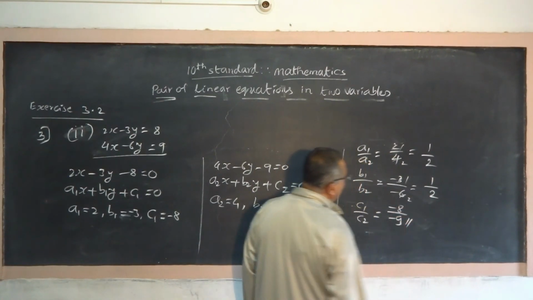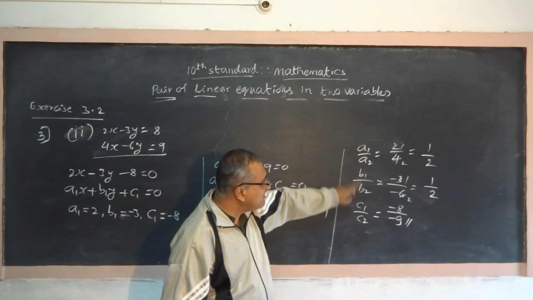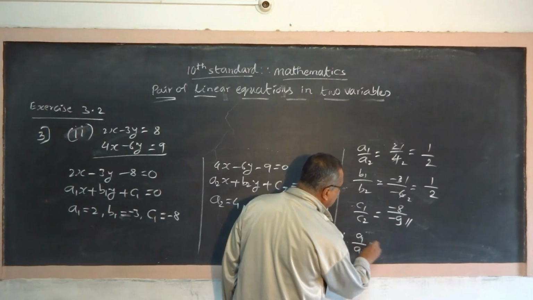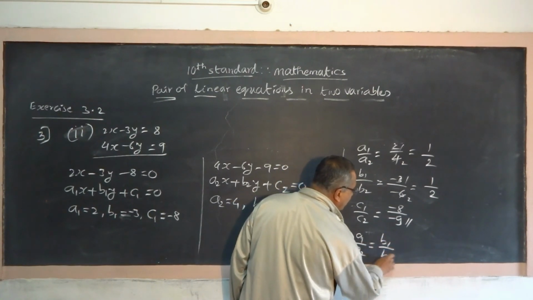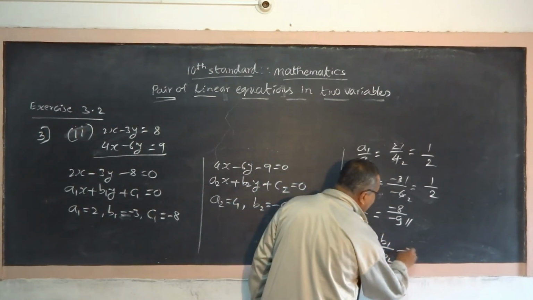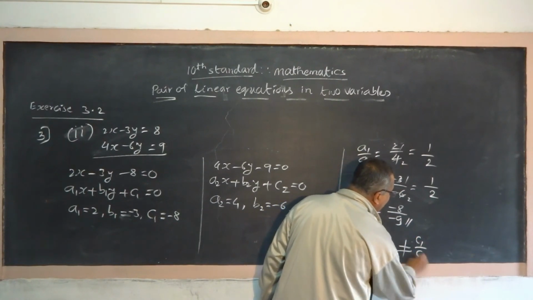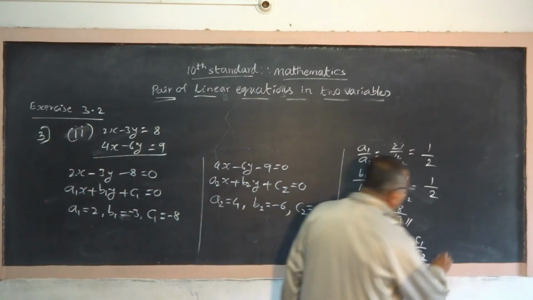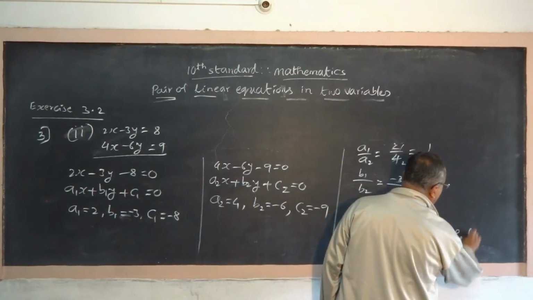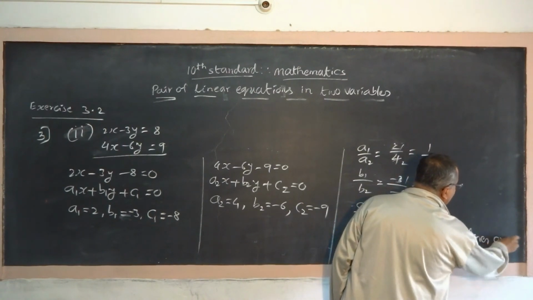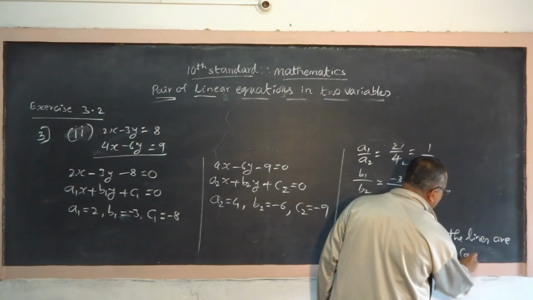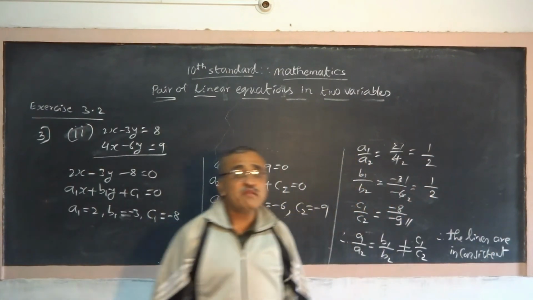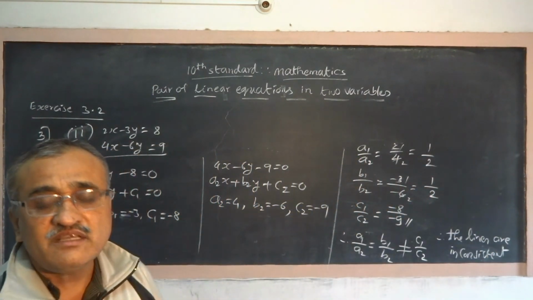They are not equal. So a1 by a2 is equal to b1 by b2 but not equal to c1 by c2. Therefore the lines are inconsistent. Inconsistent means they are parallel.